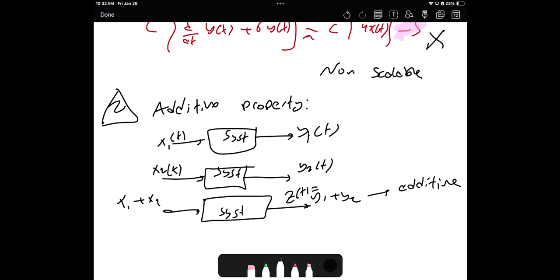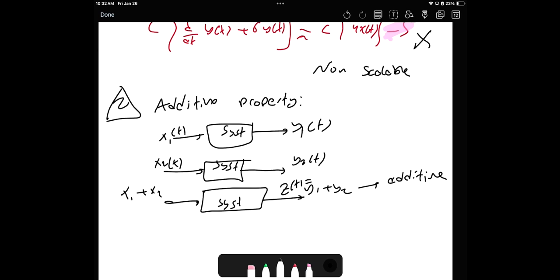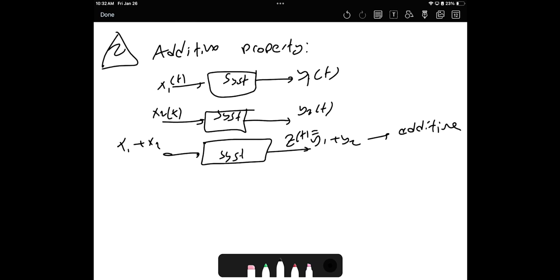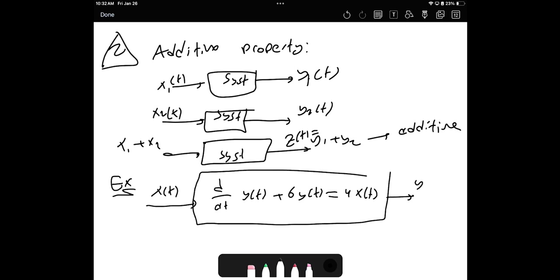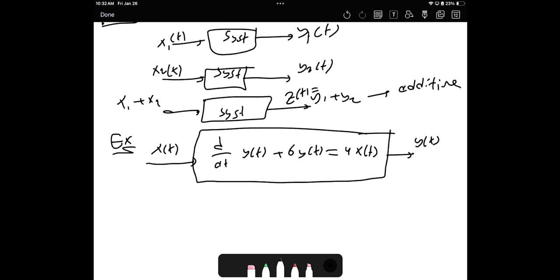Okay? So let's see example about it. Make sure we understand this word. Example. We have here is x of t, d by dt, y of t plus 6 y of t equals 4x of t. Here, y of t. Now, we need to make sure, is it additive or not?